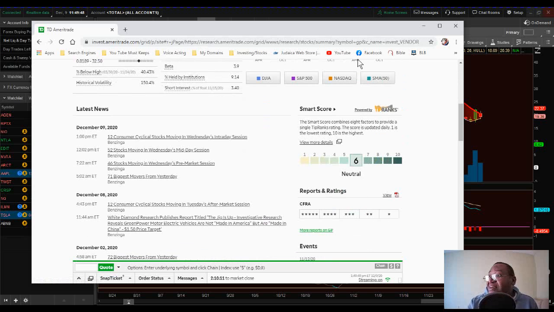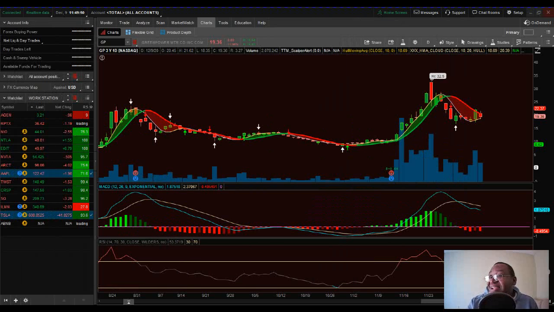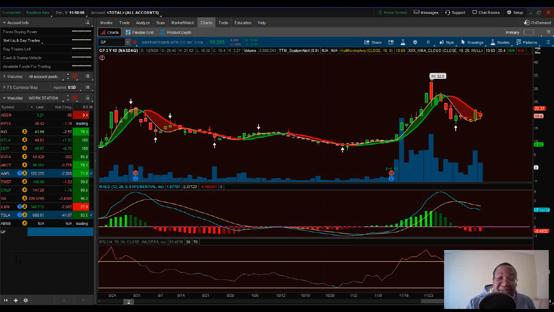Beautiful, beautiful number. Love that number. Look at where it is in the RSI, right in between the lines. Perfect. So now I am going to actually put this on my list.